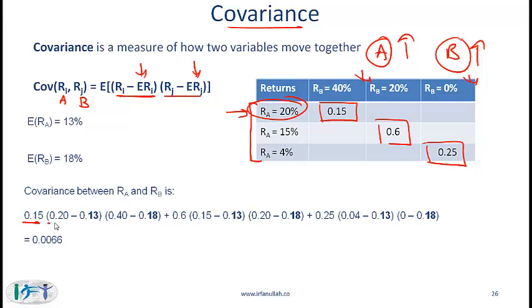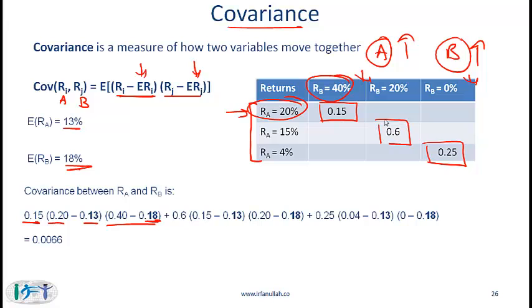So we have 0.2 minus the expected value of A, which is 13% or 0.13. We multiply that with 0.4 minus 0.18. Notice that in this scenario, the return on B is 40% or 0.4 minus the expected value for B, which is 18 or 0.18.